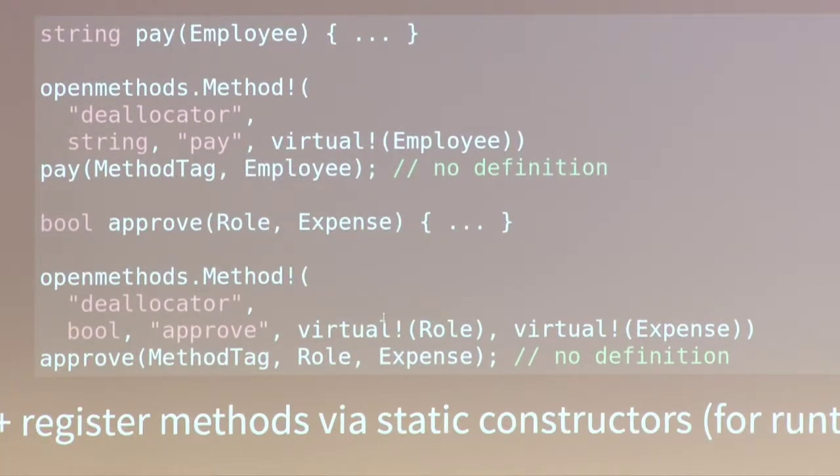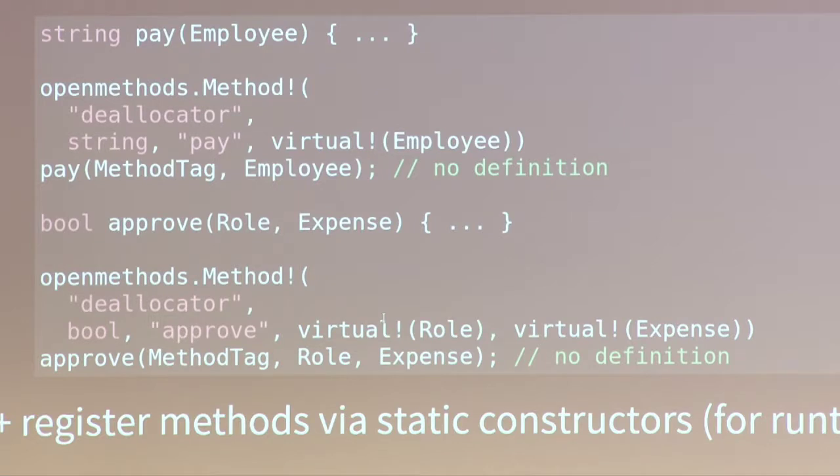Register methods loops over all the members of the module and finds the function declarations that contain parameters marked with virtual bang.